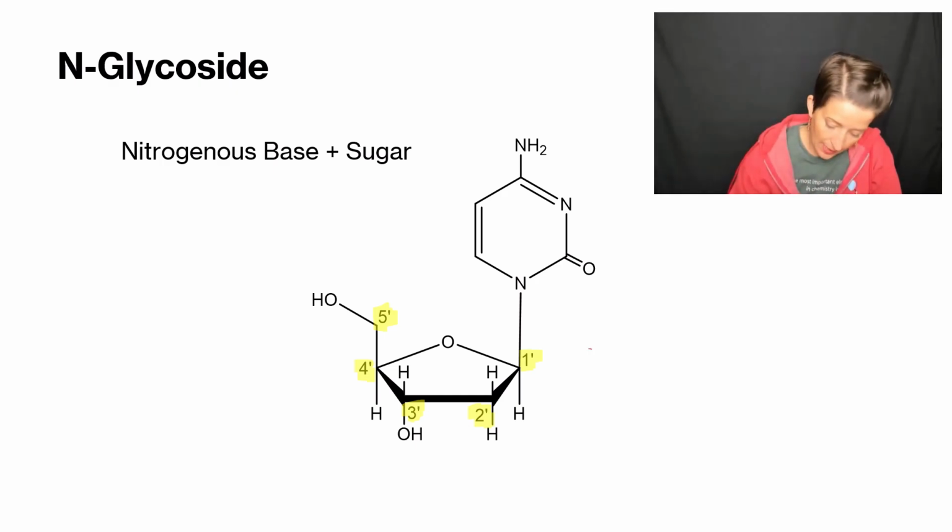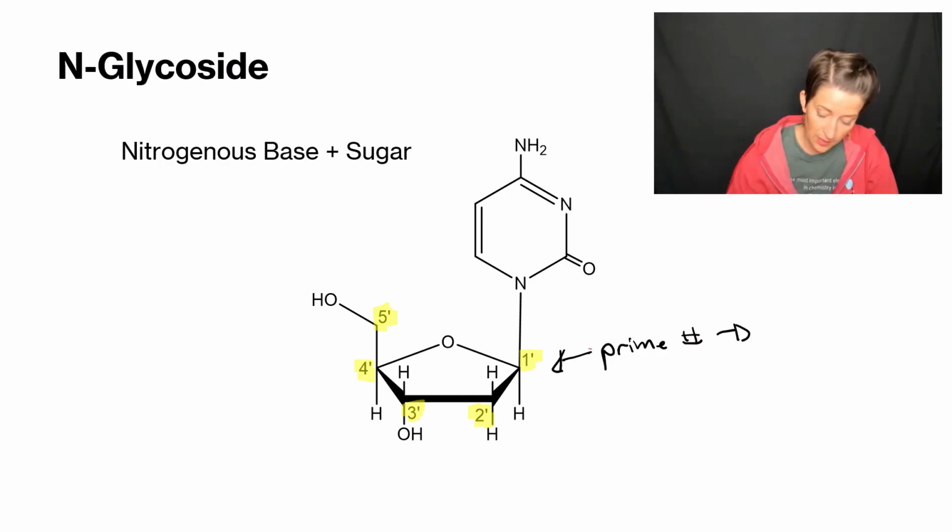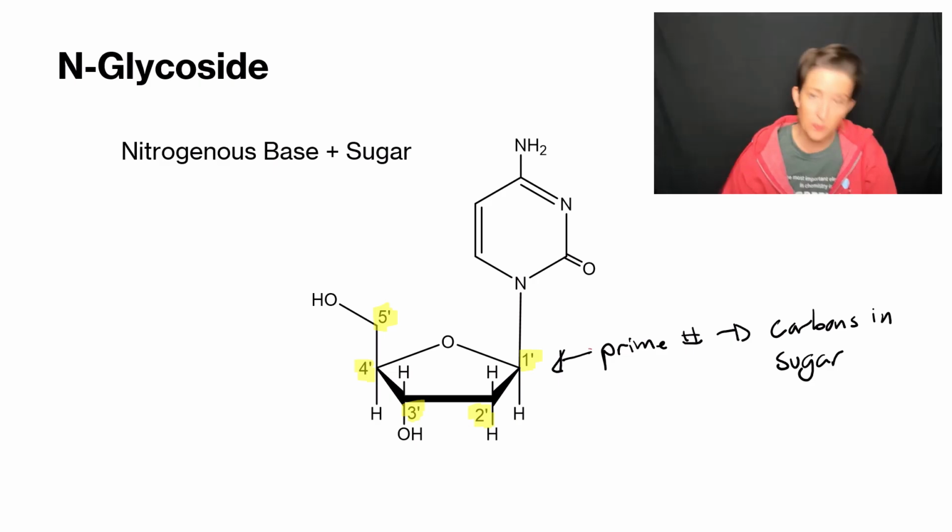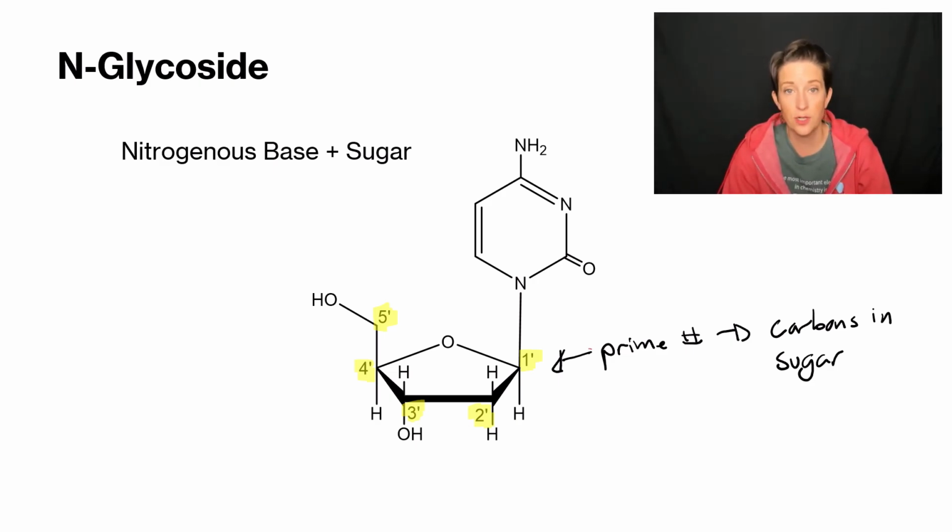So these prime numbers are specific to the carbons in the ribose. It is how we distinguish between the carbons in the sugar versus the carbons in the nitrogenous base.